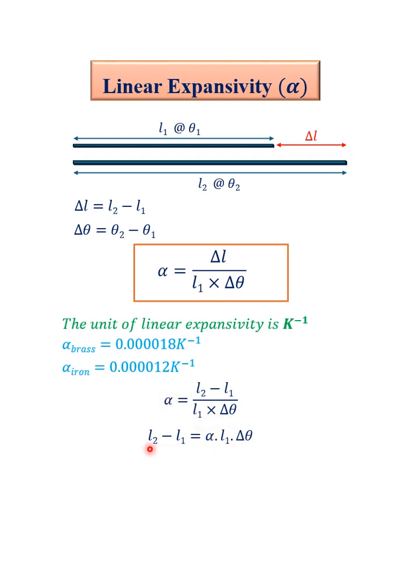To make L2 subject of the formula, minus L1 crosses the equation sign and it becomes L2 equals L1 plus this. L1 is common to both terms on the right hand side. We are just going to factorize it out, and when we factorize it out, L2 becomes L1 times, L1 divided by L1, what is left is 1, plus, L1 will cancel out this L1, and what is left is alpha times change in temperature.